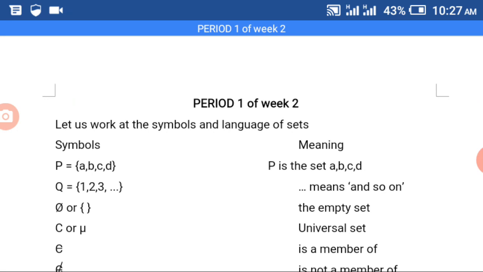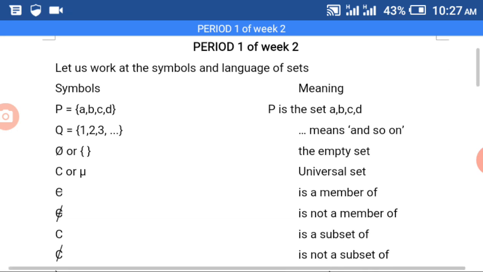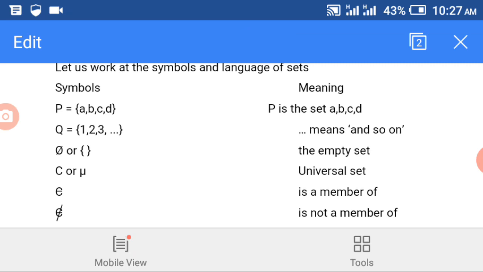Now let us look at the symbols. We have the symbol for sets of alphabets. We have Q that has elements 1, 2, 3. That is how to write it. When we have an empty set, this is how to write it.